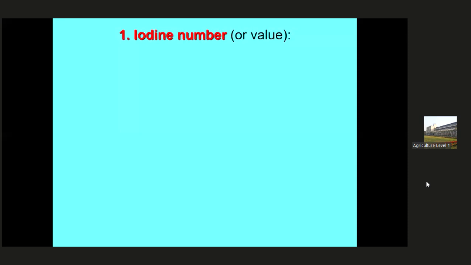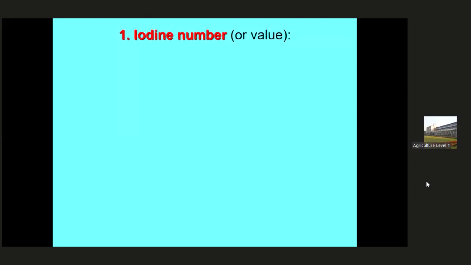If it is linoleic acid that contains 2 double bonds, then the amount of iodine quantity will also be double. It will be 4. If it is 3, then it will be 6. If it is 4, then it will be 8.